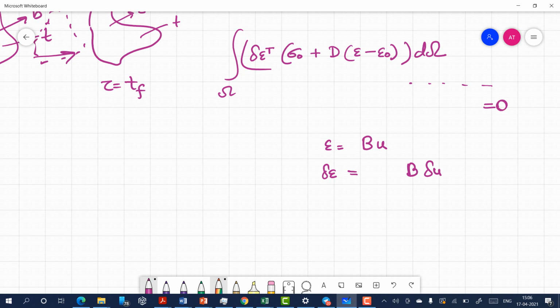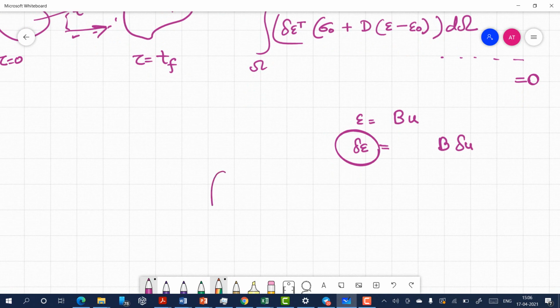And therefore this del epsilon I can replace with this. So then my equation will have B del U, and this will be B transpose del U transpose if I take transpose on both sides. So this will be del U transpose B transpose.